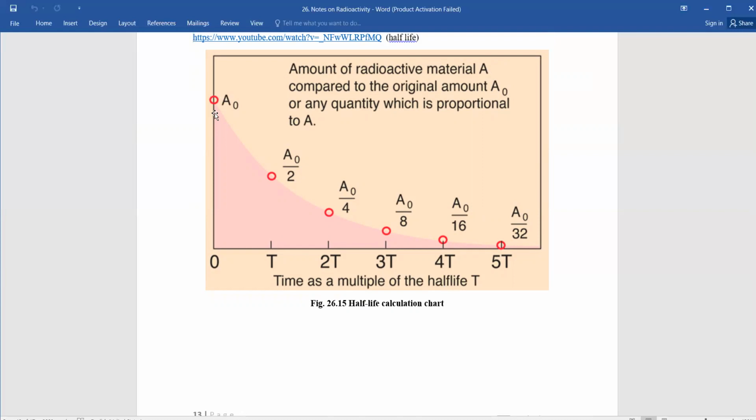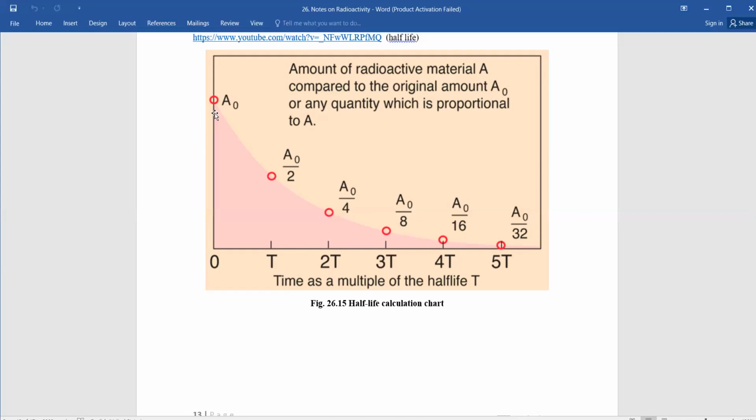The mass at the beginning of the radioactive sample is given as A naught, or like cobalt 60, the number of nuclei is given as A naught.